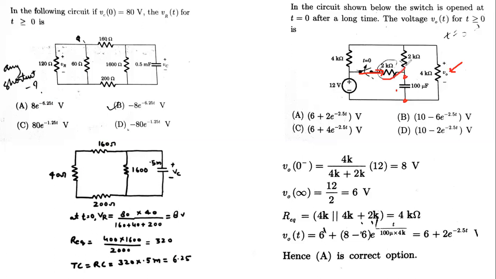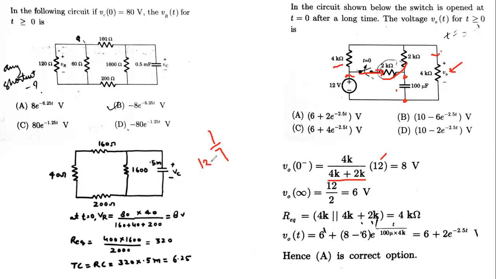This 2 ohm and 2 ohm in series is 4 ohm, and in parallel with 4 ohm, that becomes 2 ohm. So the current I is this 4 ohm parallel with 4 ohm, 2 ohm, in series with 4 ohm. So the current in this circuit is 12 divided by 4 plus 2. How can we replace the circuit? There is a 12 volt supply.